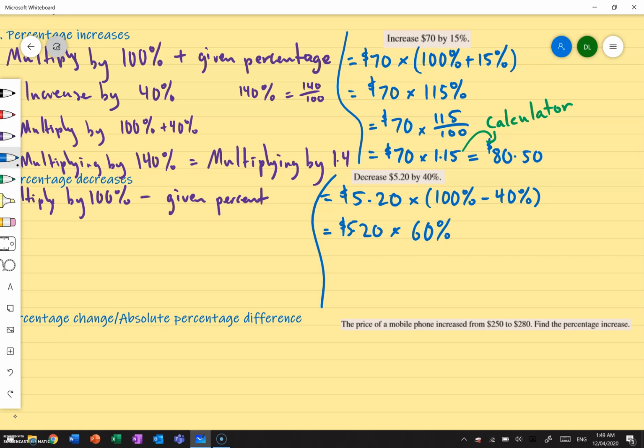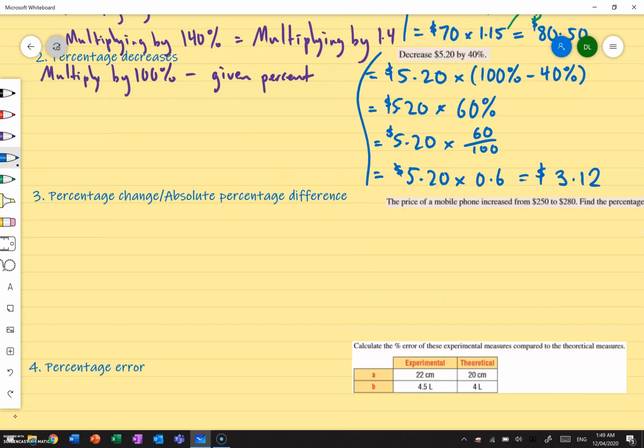I know that that's the same as $5.20 times 60 over 100. I put that in the calculator as $5.20 times 0.6, and that gives me an answer of $3.12. So $3.12 is how much money it is after the 40% decrease, and that's how we solve our percentage decreases. Alright, let's keep going.